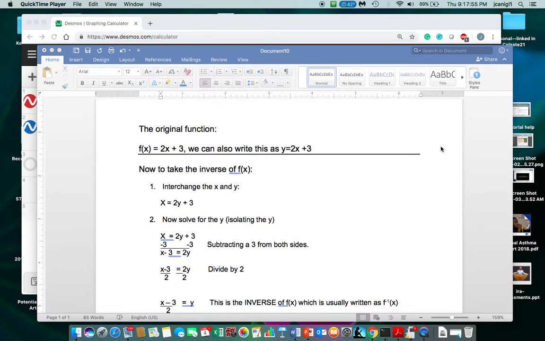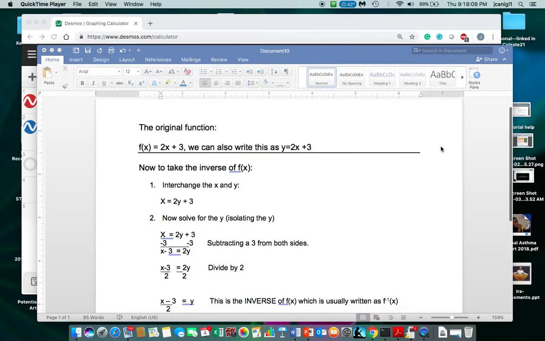And I'm going to share with you the procedure of how to go from an original function, a function such as y is equal to 2x plus 3, or f of x is equal to 2x plus 3, all the way down to finding the inverse function. Then we're going to take this function and graph that function and its inverse.